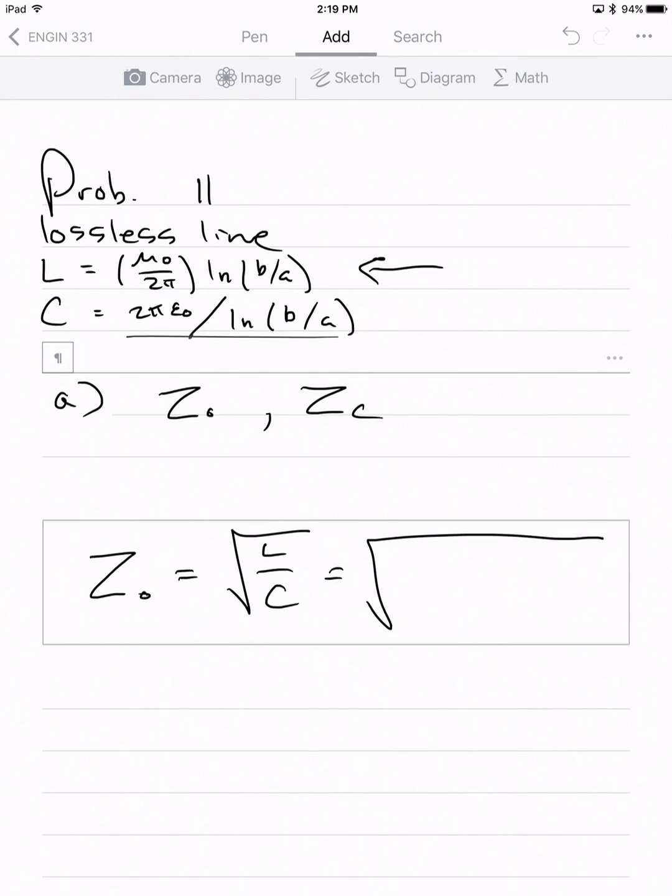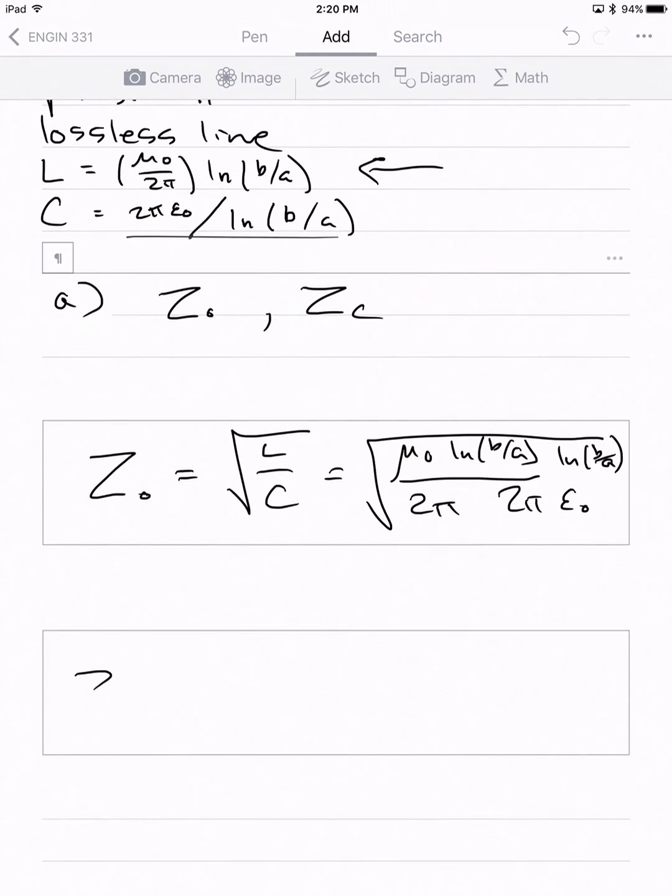So we got mu naught ln of b over a over 2 pi times 2 pi epsilon naught. Oh, sorry, if I multiply by C, I need to divide by C. So if I divide by C, ln of b over a goes on the top, and then I have 2 pi epsilon naught on the bottom.